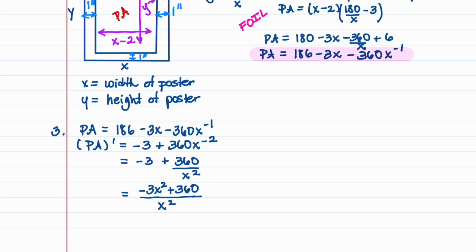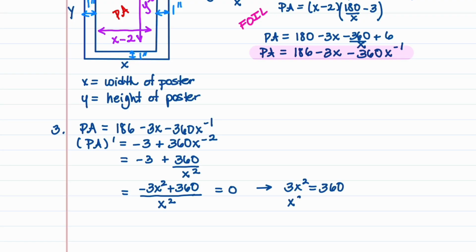Now we're going to set this equal to 0 to get our critical values. Notice that we could have a critical value at 0 because our denominator is equal to 0 when x is 0, but our function isn't defined at 0, so we don't have to worry about that. We just have to worry about the numerator being equal to 0. This gives us 3x squared is equal to 360.